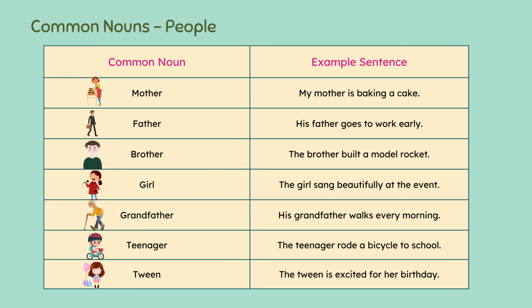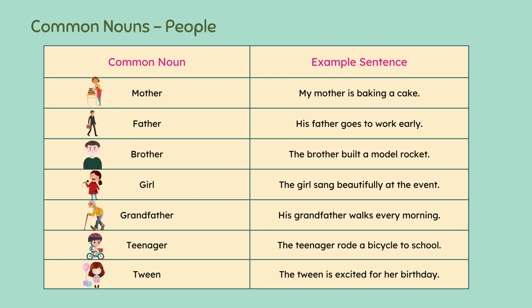Girl. The girls sang beautifully at the event. Girl is a general term, so it's a common noun. Grandfather. His grandfather walks every morning. Again, grandfather is used as a general relationship, not a specific name. Teenager. The teenager rode a bicycle to school.